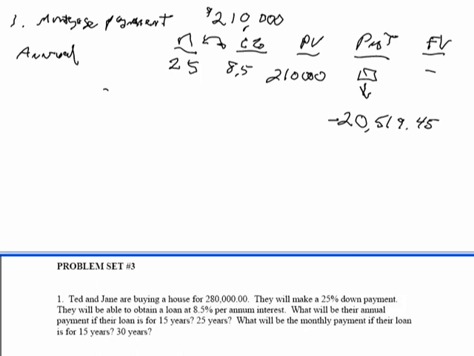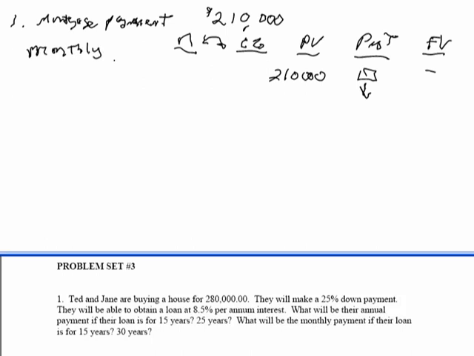The second half of the question asks for monthly payments for 15 years and 30 years. So let's change this around. We're dealing with monthly payments right now.